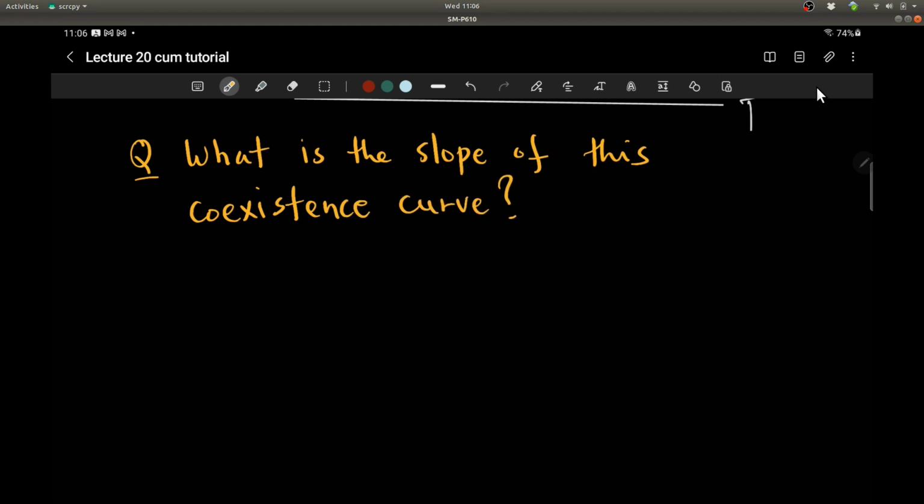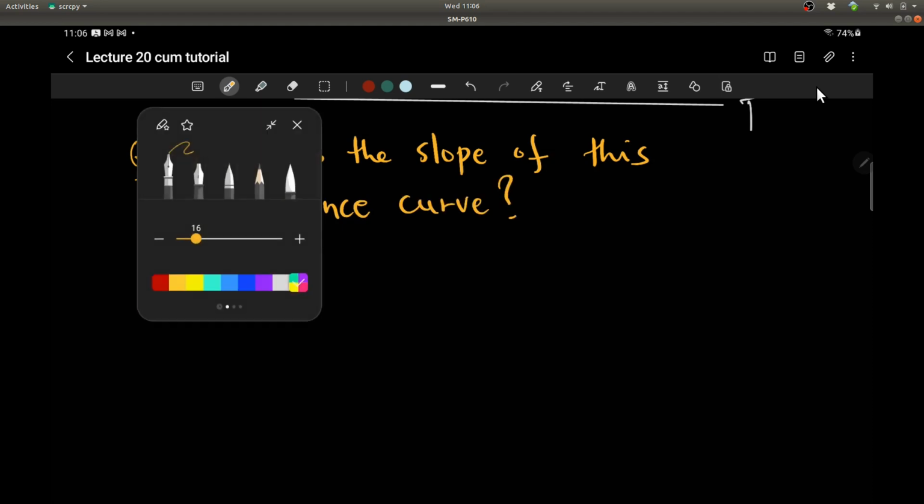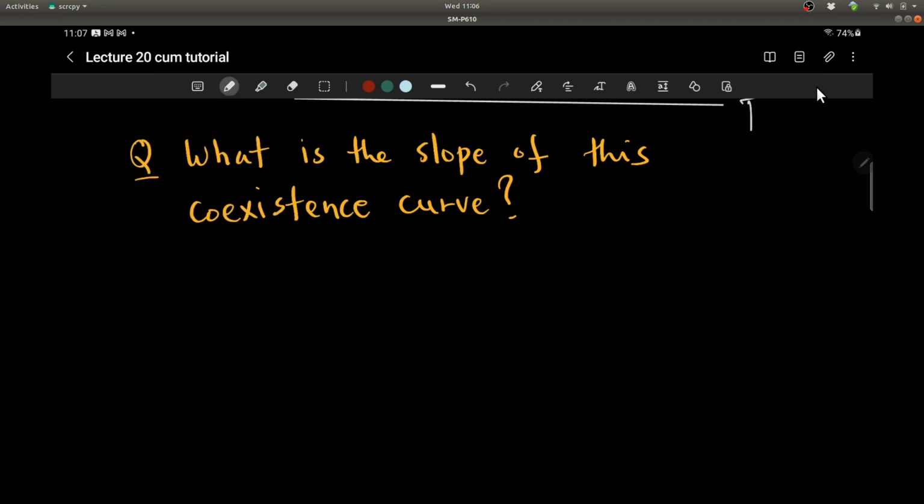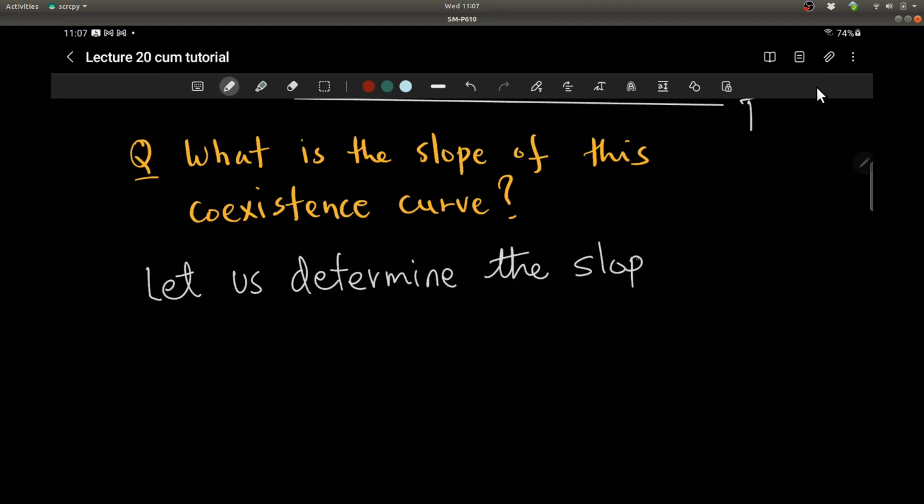Okay. So how do we go about computing that? So we'll do that now. Okay. So let us determine that. And for that, I need some inputs.